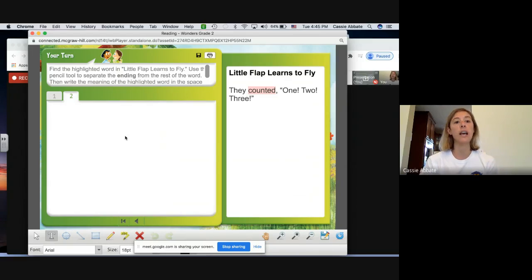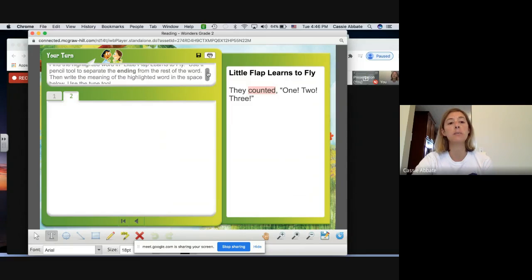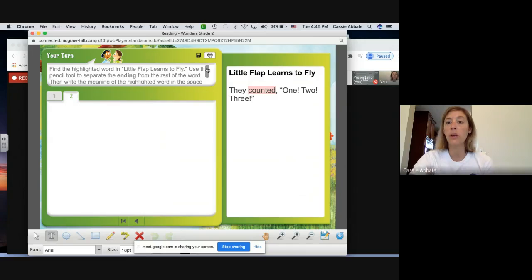The directions say, find the highlighted word in Little Flap Learns to Fly. It's right here, counted. Use the pencil tool to separate the ending from the rest of the word. Then write the meaning of the highlighted word in the space below. Use the type tool. So again, you can use your own pencil and paper for this.